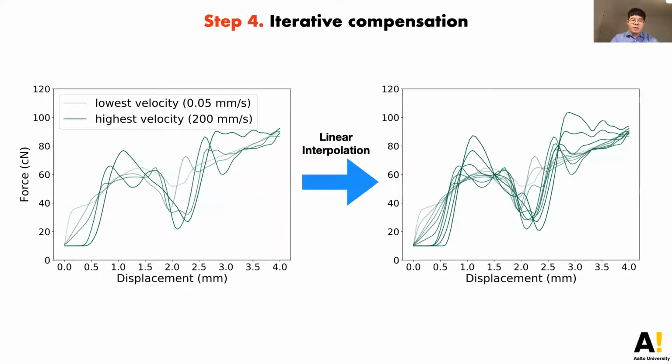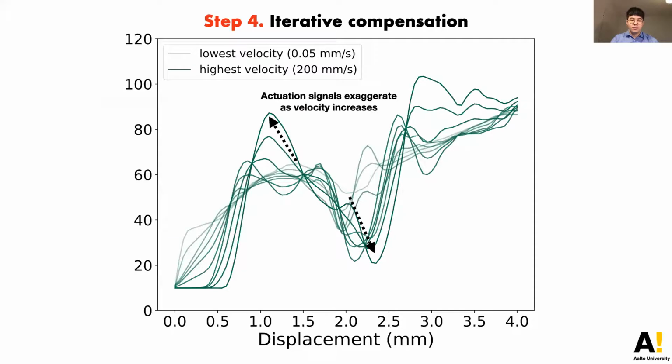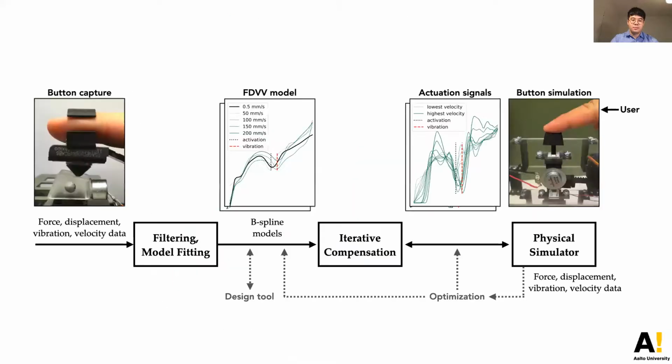The last step is linear interpolating the signals so that we have a wider range of signals corresponding to more velocity levels. As we expected, the actuation signals exaggerate as the velocity increases to compensate for the effects of mass.